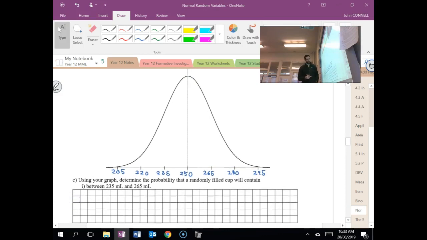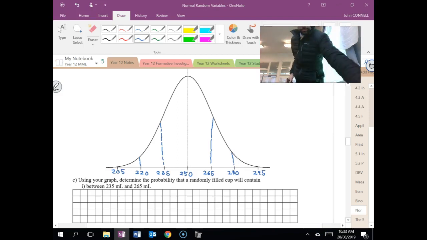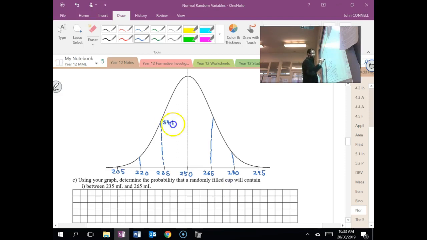Now, if I draw my vertical lines in, I can fill in specific areas on my graph. So between these two vertical lines I need 68.26%. Because it's symmetric, each of these accounts for 34.13%.